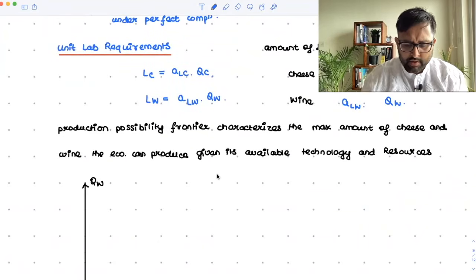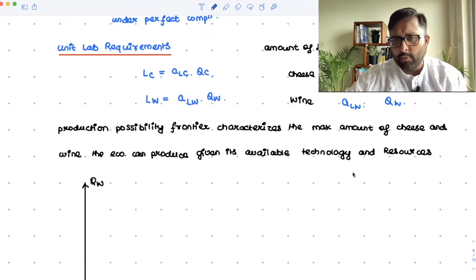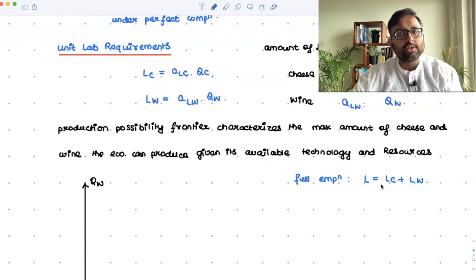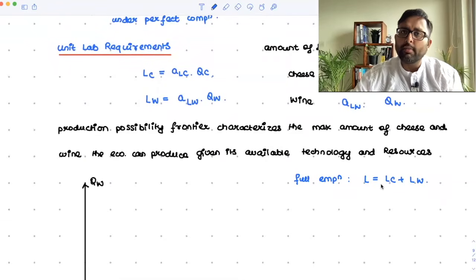Well, you will define the full employment condition. The total labor is the labor used in the cheese industry and the wine industry. So the total labor gets exhausted in the production of cheese and wine.